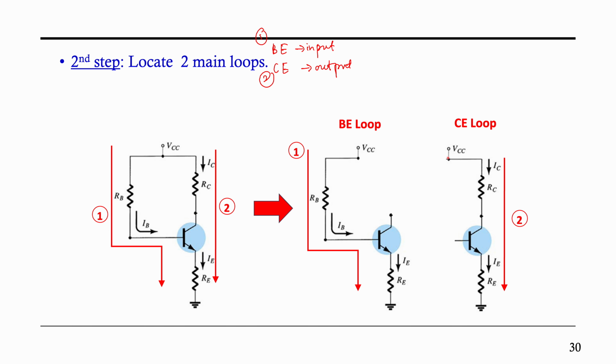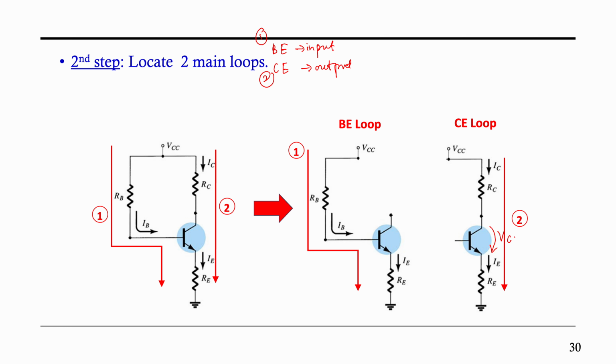Then what is your CE loop? The CE loop starts from VCC again. The voltage source goes to the resistor at the collector, and then goes to the VCE. Don't forget we have the VCE here.